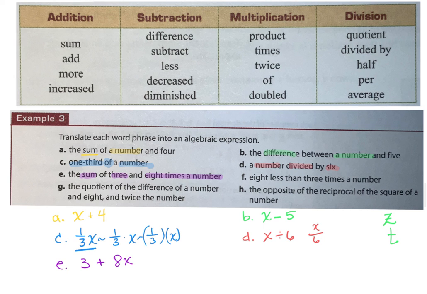Let's look at 8. 8 less than 3 times the number. All right, this is the one that people almost always flip, okay? People will invariably say 8 minus something here. But if I said I have 8 less dollars than Jared has, you would not take my dollars and subtract 8 from it.